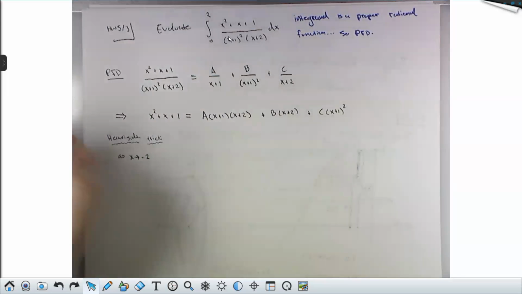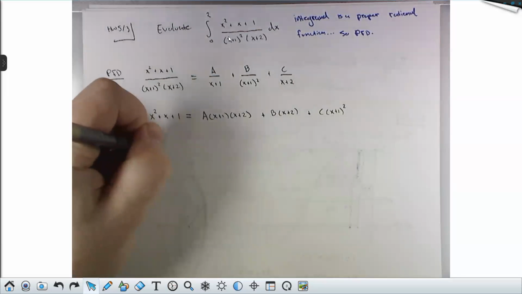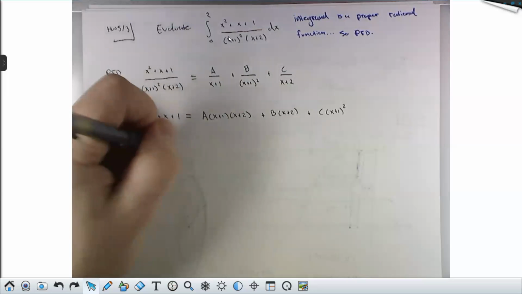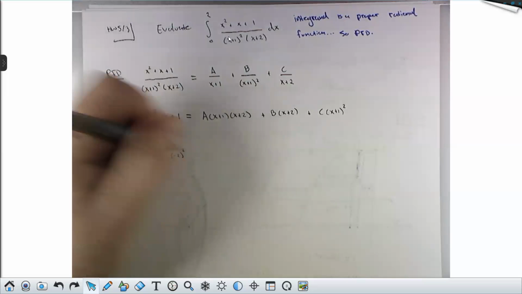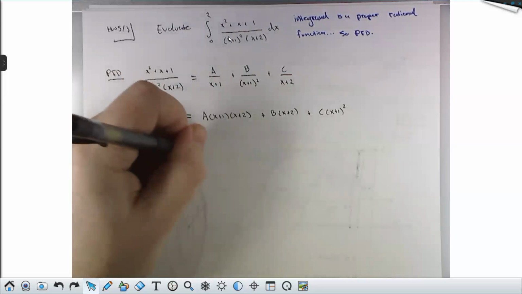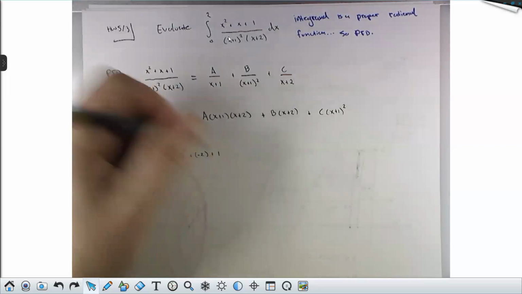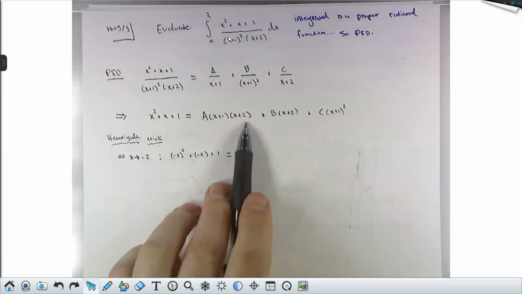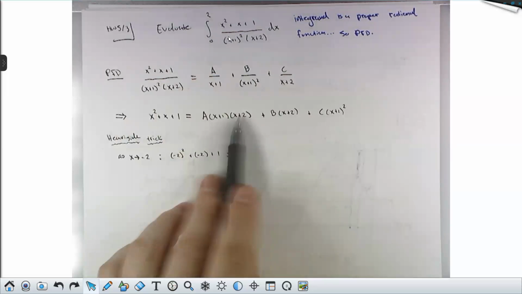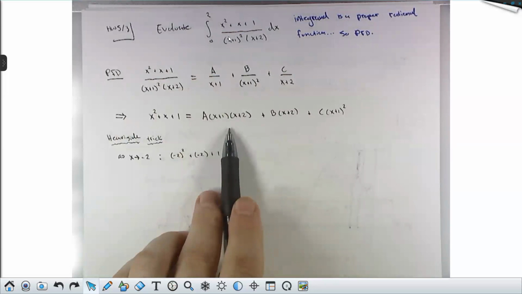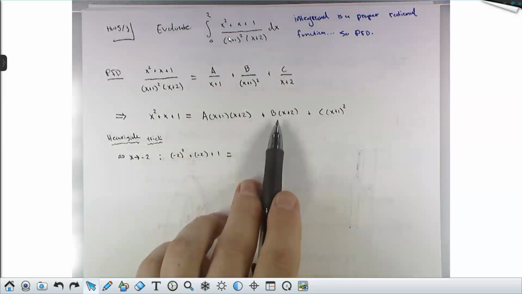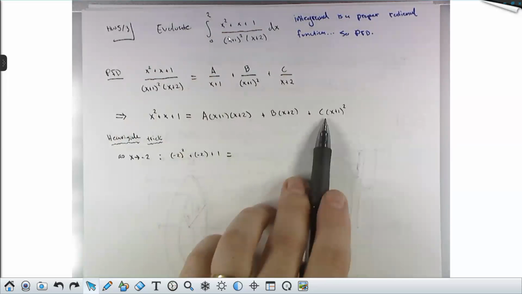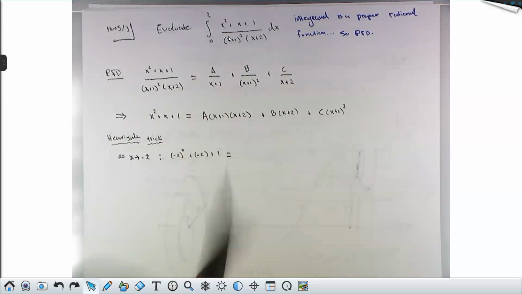So as x goes to -2, we have on the left-hand side, -2 squared plus -2 plus 1 equals, what survives on the right-hand side? Well, this term, when x is -2, is 0, so this whole thing goes away. Similarly, this term, when x equals -2, is 0, so this whole thing goes away. So the only term that makes it out alive is this guy.